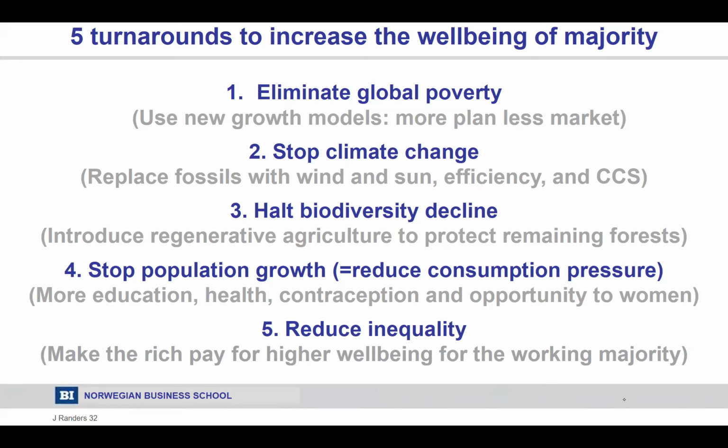And the numbers are such that the 10% richest in the world control 50% of global income. So all you need to do is to slap a 10% tax on the 10% richest of the world, and you get the 2 to 4% of the GDP that you need to pay for this program.